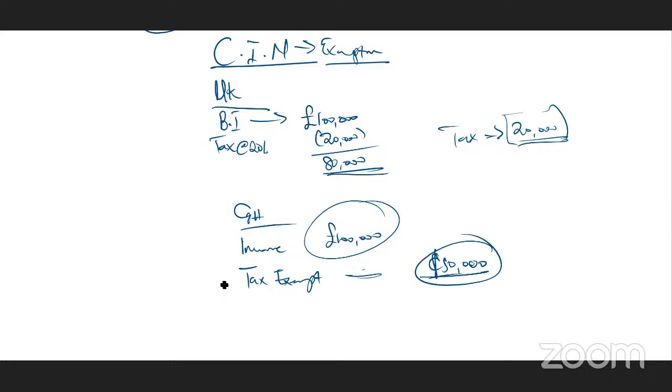But any money you brought from a foreign country will be exempt from tax. Did that make sense? Yes, sir. It means that the whole foreign income will be exempted from tax. Do you get it? That is why it achieves capital import neutrality.